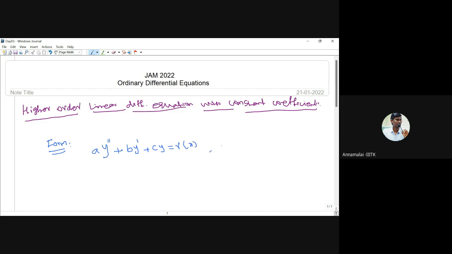Here a, b, c are constants, and a should be non-zero, otherwise it would be first order. And this r of x is any function, a continuous function.